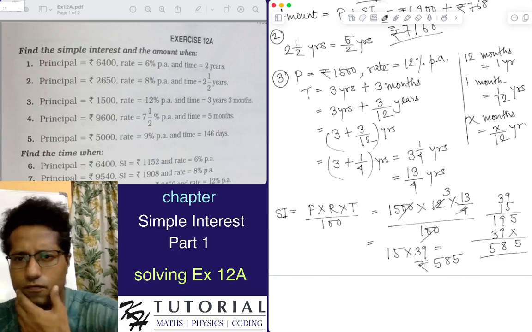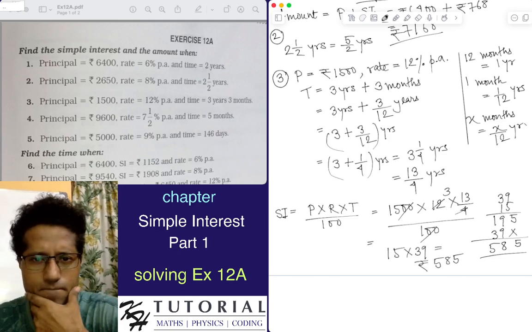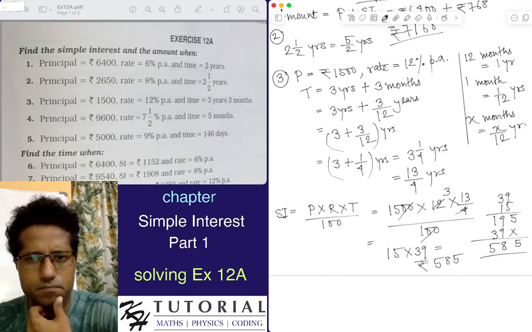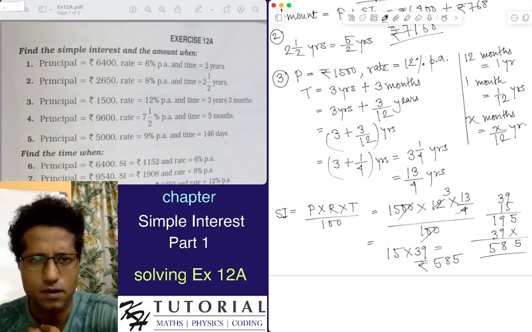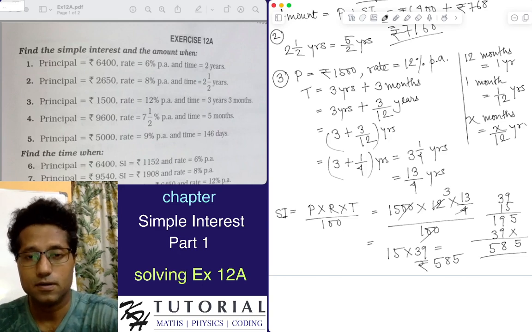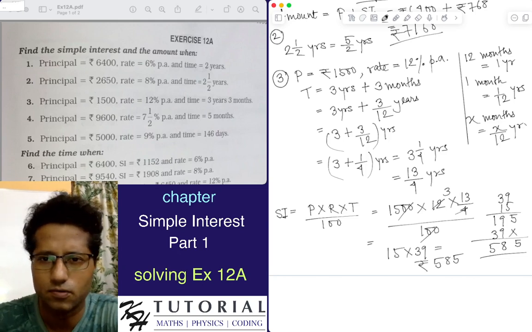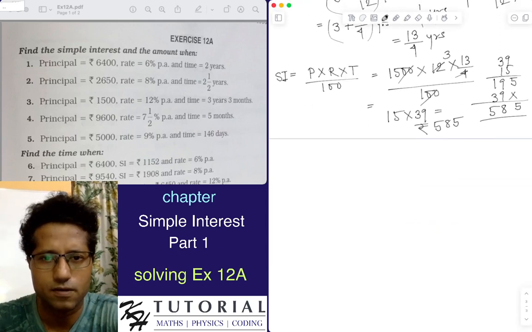Please focus on the concepts, how the concepts and the formulas are being applied to solve the problem. Problem number 3 was important because you need to understand how you convert a time given in years and months or even days to years. So this simple interest is rupees 585. I am not calculating the amount. You can do it.